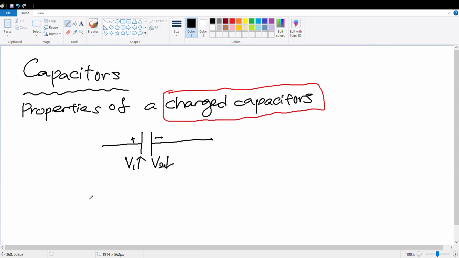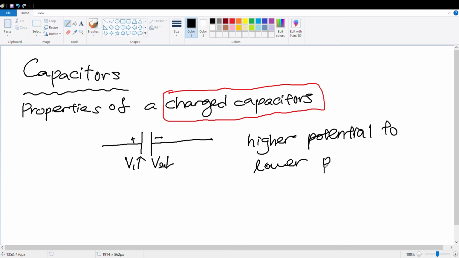We know from the electrostatics chapter that the electric potential always flows from the higher potential to lower potential. So basically, the electric field strength, let me use another color, flows from the positive plate to the negative plate.